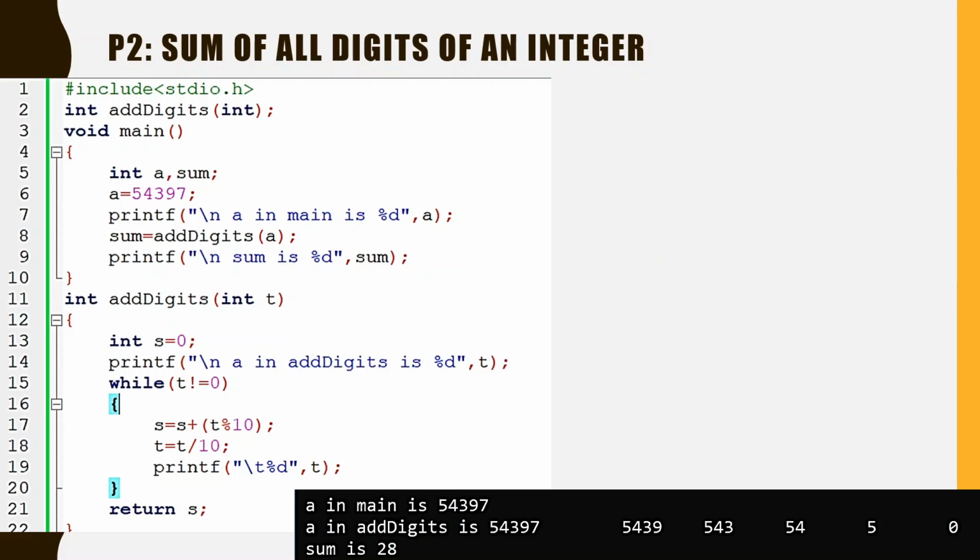Now we will see another program on passing by value parameter for summing all the digits of an integer. You can see we have declared the prototype of the function whose name is add digits. We have written the name like this because we want to add the digits. Suppose we take a number, and the output should be the summation of all its digits, that is 7 plus 9 plus 3 plus 4 plus 5, which equals 28.